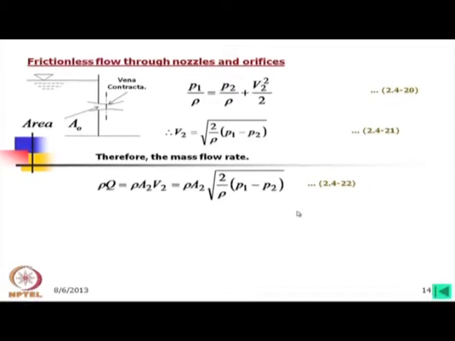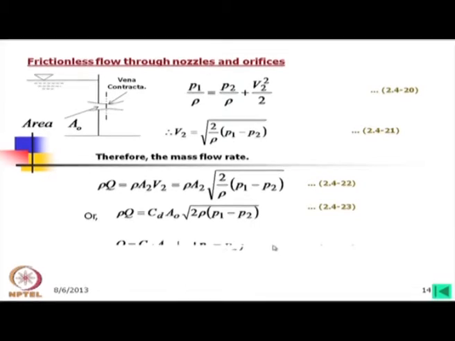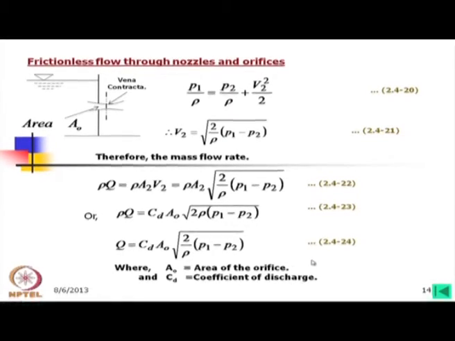Now, A 2 is the area at the vena contracta, which is not known; we cannot measure the area there. To take care of that, we write rho Q equal to rho C d into A 0 square root of 2 by rho P 1 minus P 2, where C d is the coefficient of discharge and A 0 is the area of the orifice.